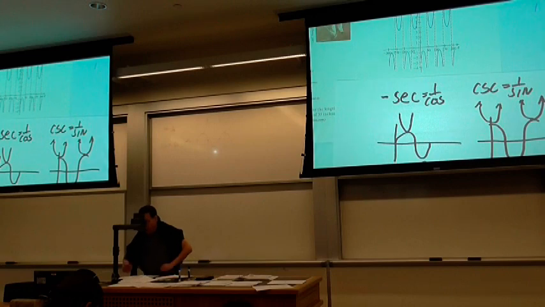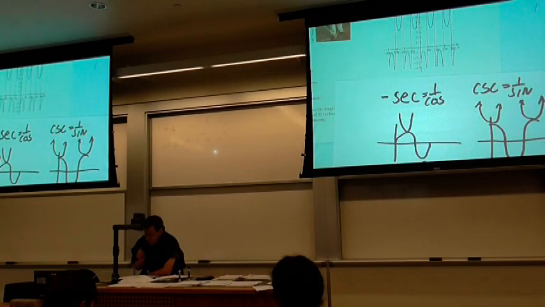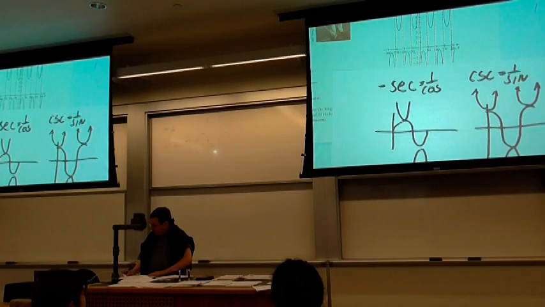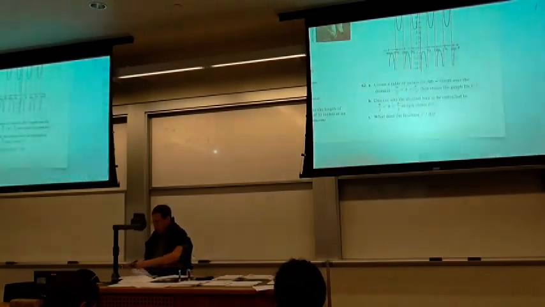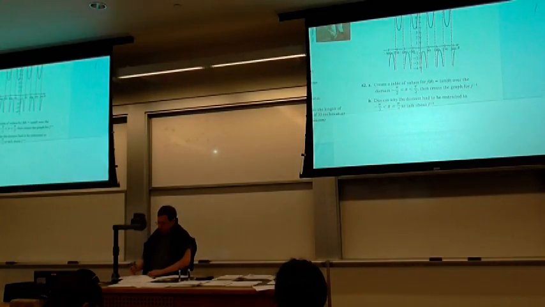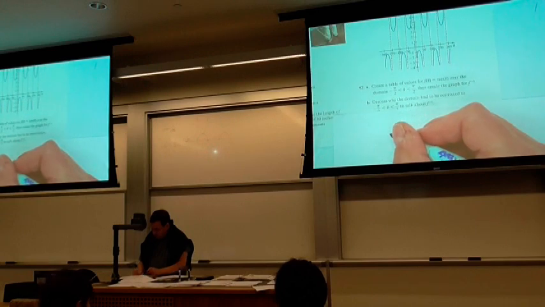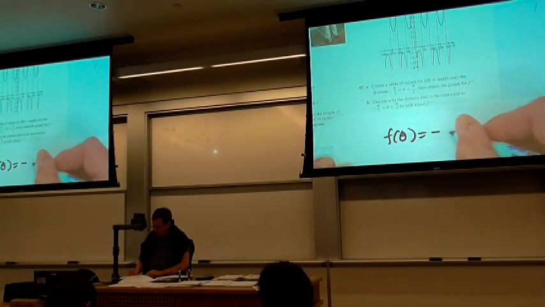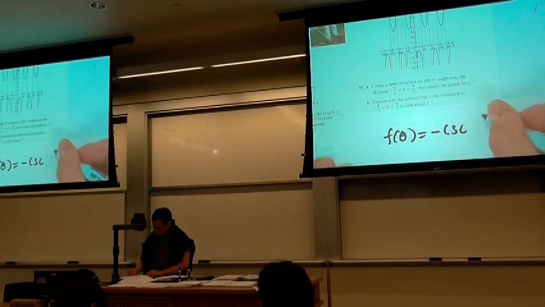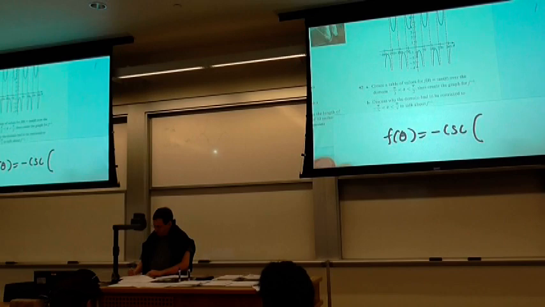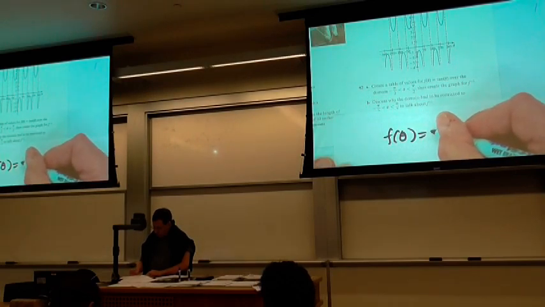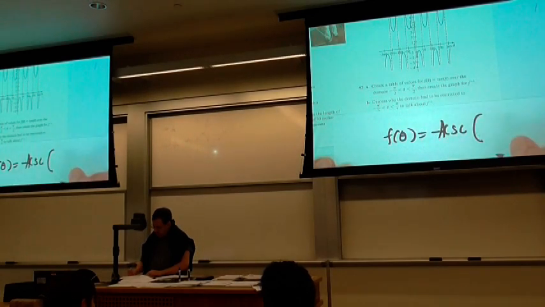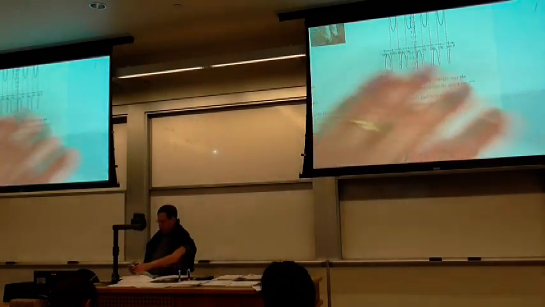Okay, so let's kind of write that out here. So we have some function of theta, which is minus the cosecant. Minus a. Sorry.